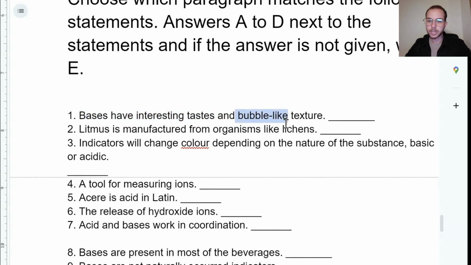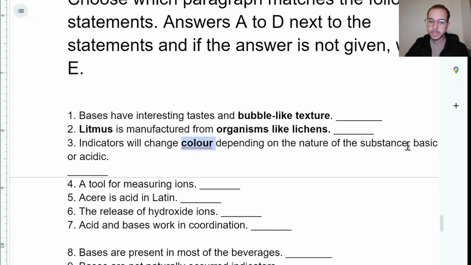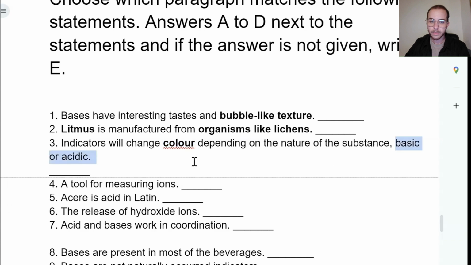I'm going to highlight bubble-like texture because that seems like a key piece of information. Litmus is manufactured from organisms like lichens. Okay, litmus and probably lichens. Indicators will change the color depending on the nature of the substance, basic or acidic. So basic or acidic will be helpful.